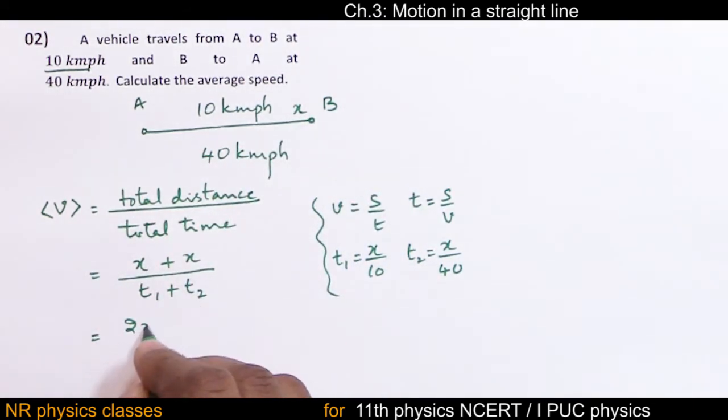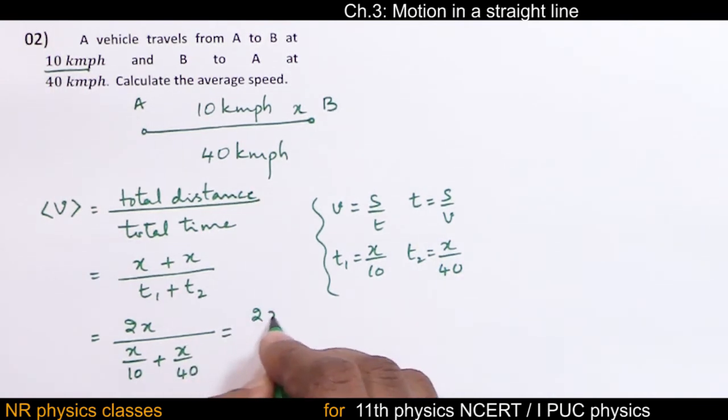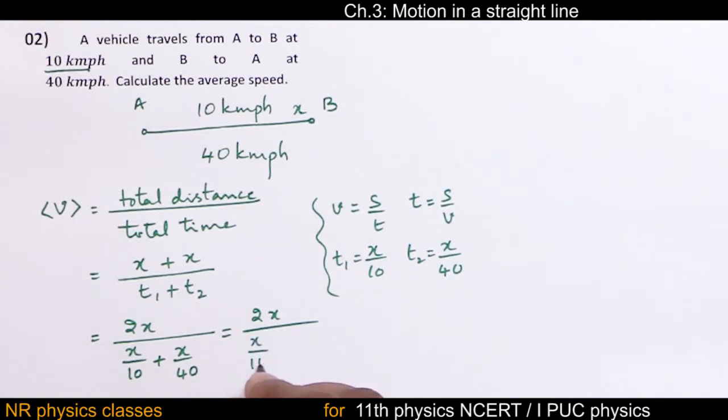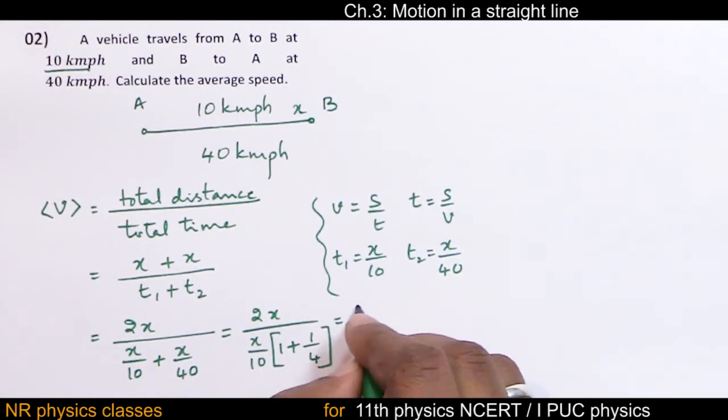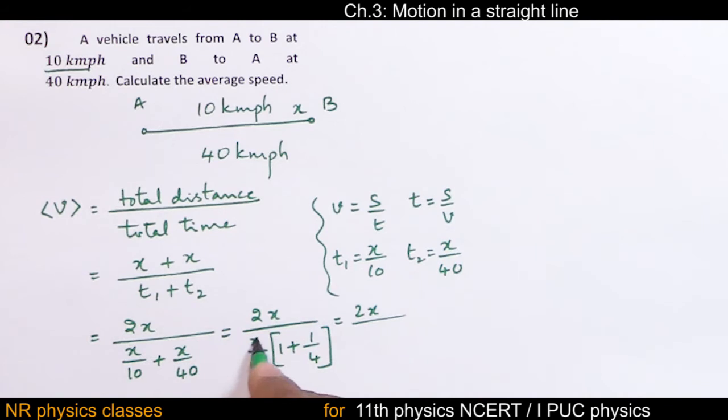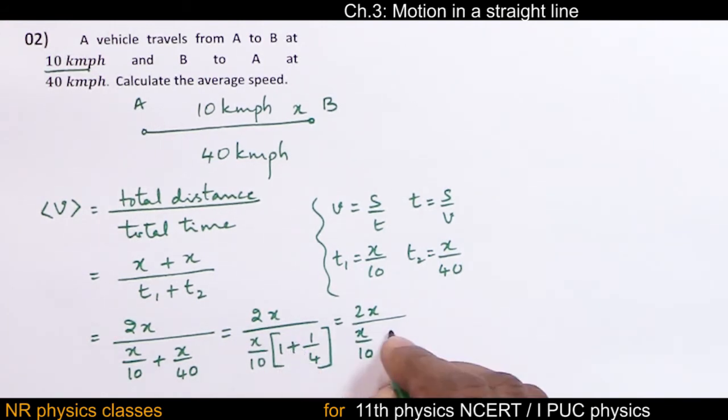Numerator is 2x. Denominator is t1 plus t2, x by 10 plus x by 40. Take x by 10 common factor. Remaining is 1 plus 1 by 4, which is 5 by 4.